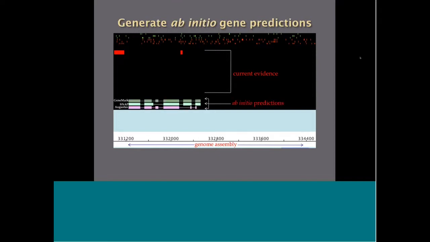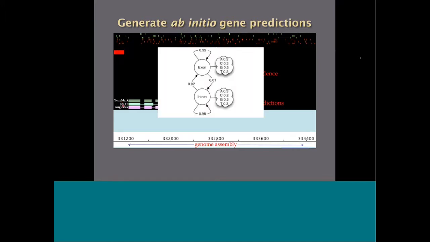So the next step in Maker is we run ab initio gene prediction algorithms. These are programs like GeneMark, SNAP, and Augustus. These algorithms use mathematical models, often HMMs, hidden Markov models, to look for expected patterns of gene structure. In the simplest form, these might be probabilities representing the transition from an intron state to an exon state, depending on the context of the sequence in a given region.